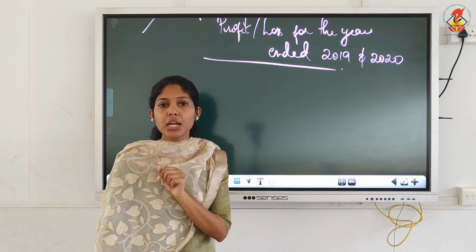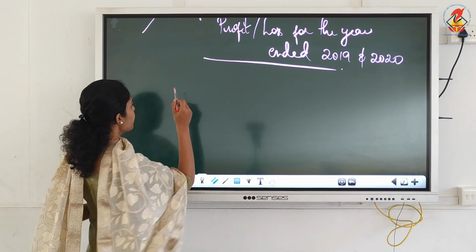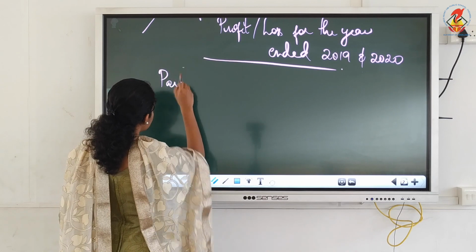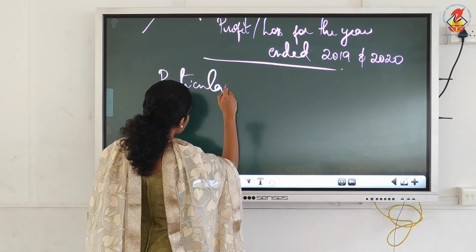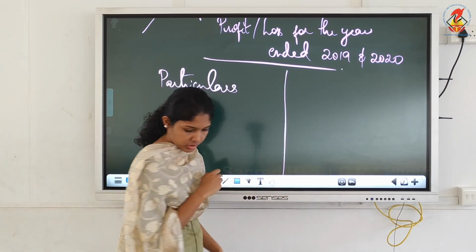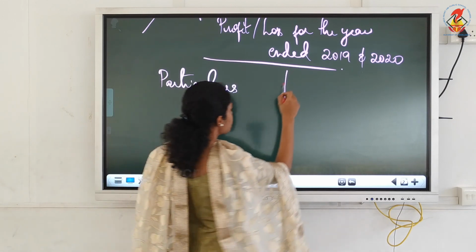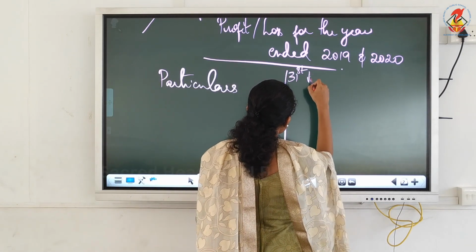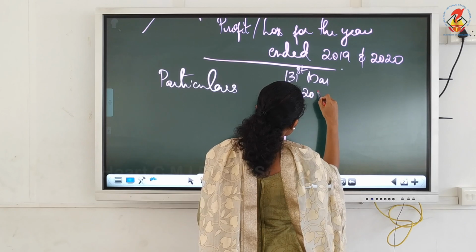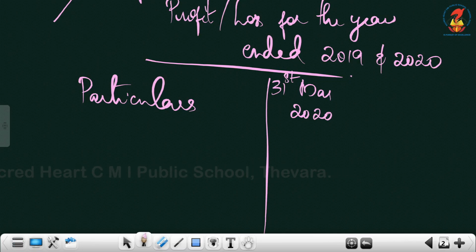Then with that we will add 2 more columns. So the first column is particulars. March 2020. Okay, that is current year figure, isn't it?